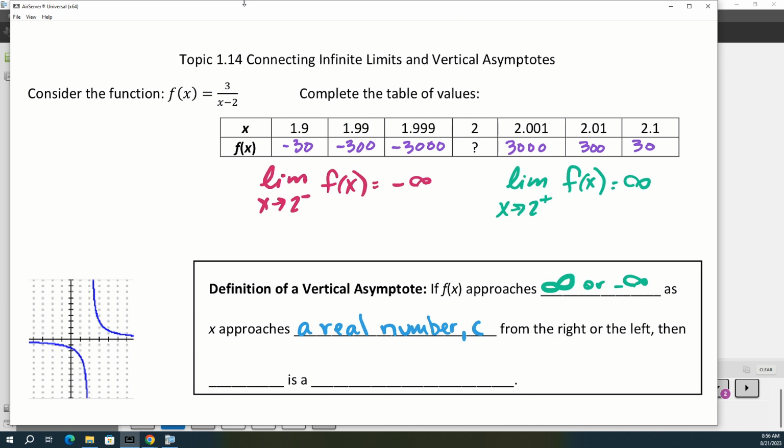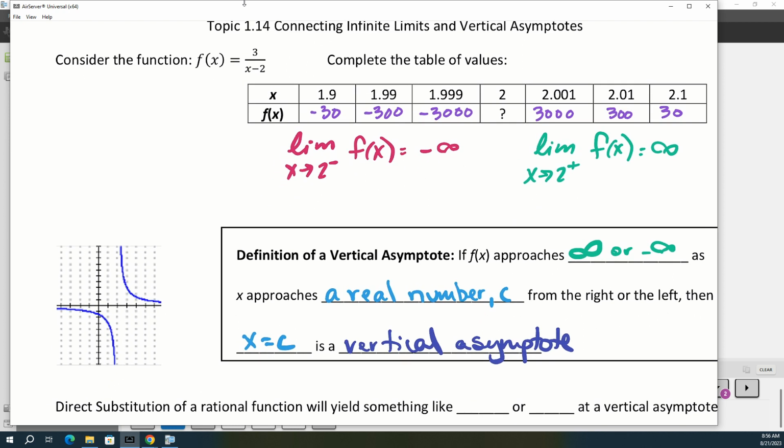So from the left or right, then x equals c is a vertical asymptote. Tomorrow we're going to connect limits to end behavior, which is going to be slightly different.